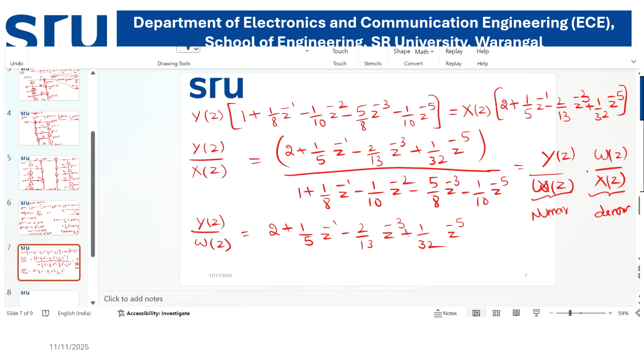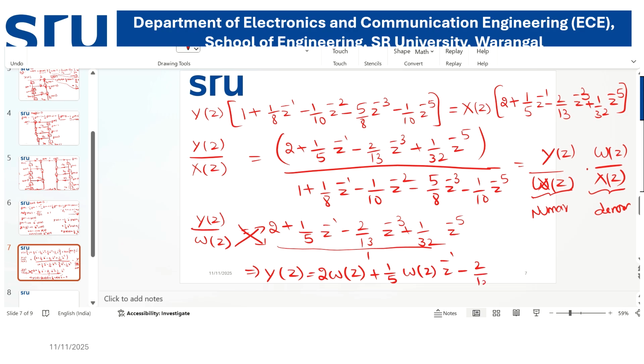Now cross multiply on both sides. So this is divided by 1, right? If I cross multiply, then Y(z) becomes 2 into W(z) plus 1/5 W(z) into z^-1 minus 2/13 z^-3 into W(z) plus 1/32 z^-5 into W(z).